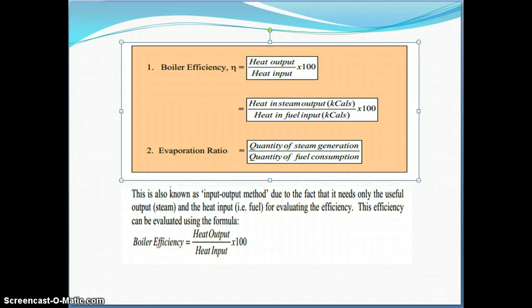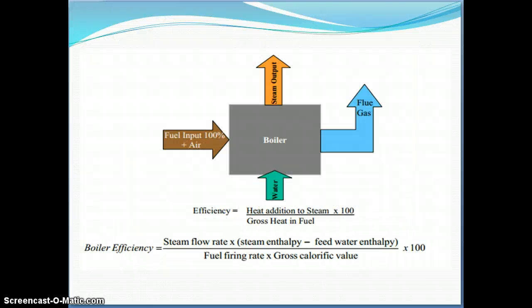In the block diagram, as can be seen, we have fuel input and air as inputs to the boiler, and normally as an output we should get steam output from the boiler. Another input is the water. These are the inputs and these are the outputs.